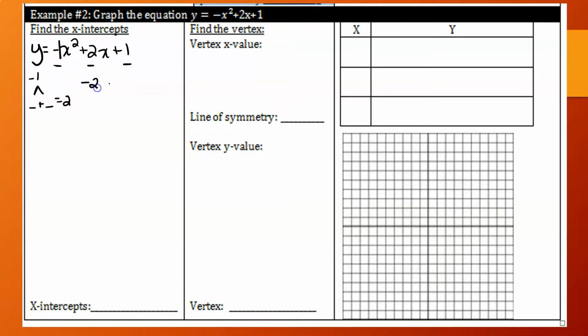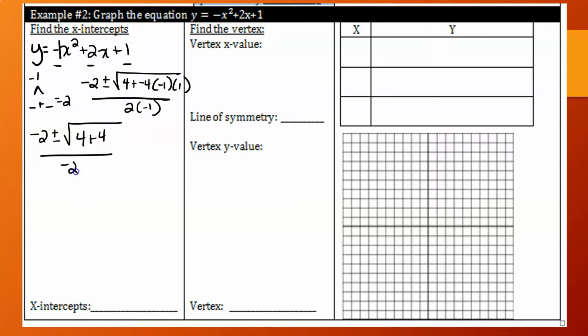The quadratic formula is -b plus or minus the square root of b squared minus 4 times a times c, all over 2 times a. I'm going to simplify what's inside the square root, so that's -2 plus or minus the square root of 4 plus 4, divided by -2. 4 plus 4 becomes 8, so that's -2 plus or minus the square root of 8, all divided by -2.